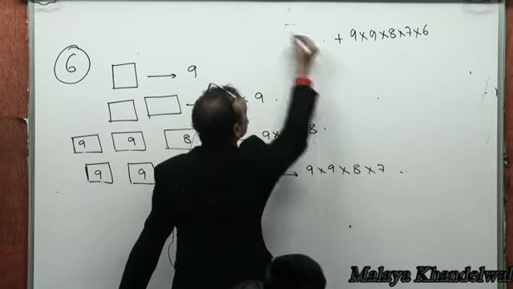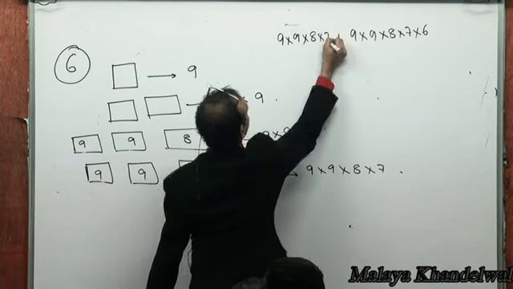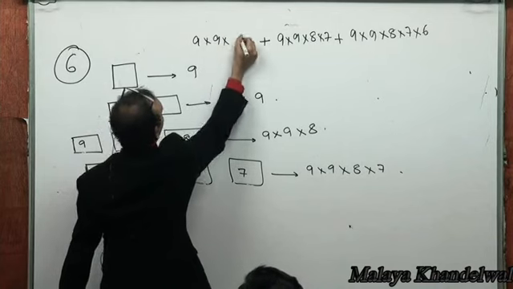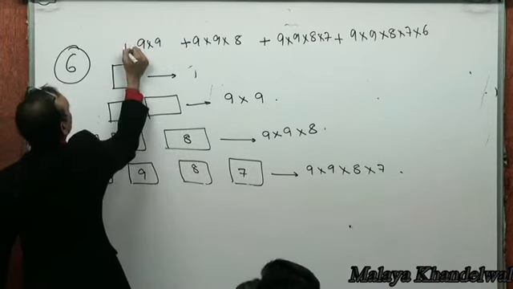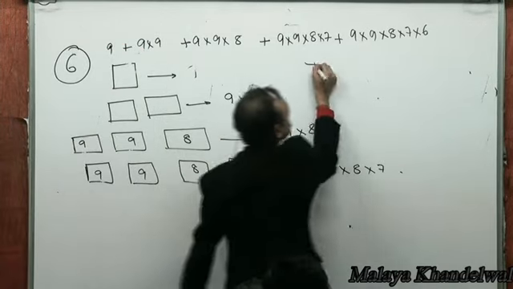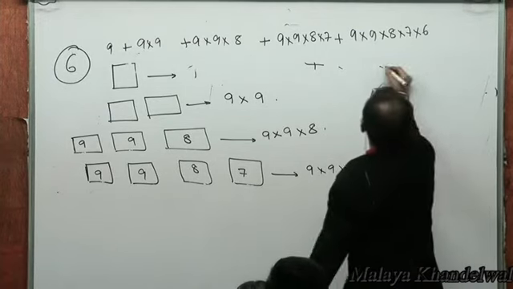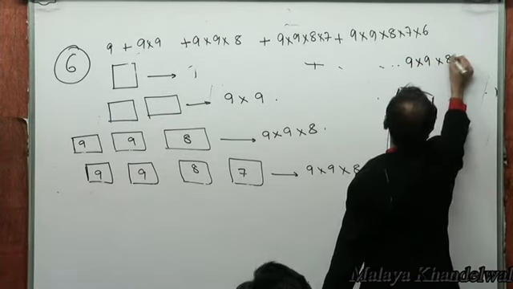Then this one was 9 into 9 into 8 into 7, then 9 into 9 into 8, then 9 into 9, and then a 9, and you keep going this way. Eventually, the last one will become 8 factorial, so the last member of the series is going to be 9 into 9 into 8 factorial.